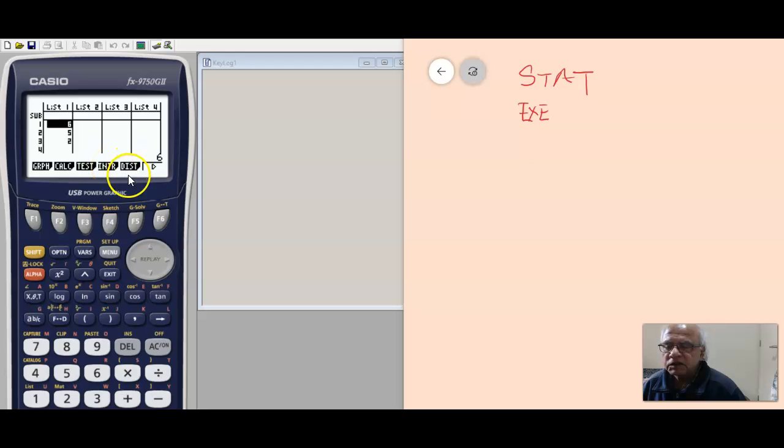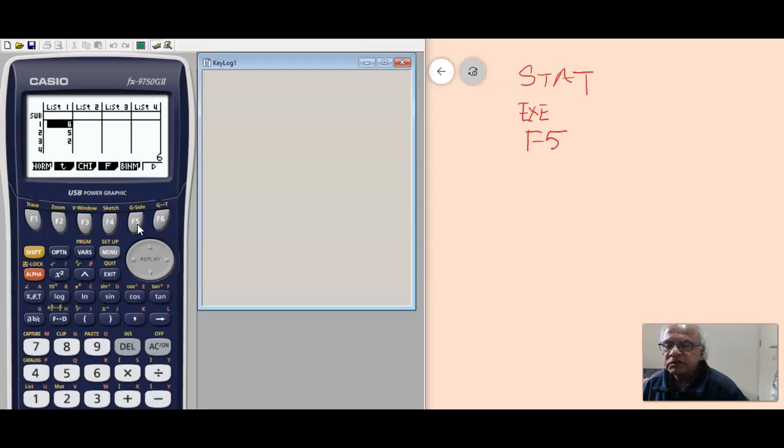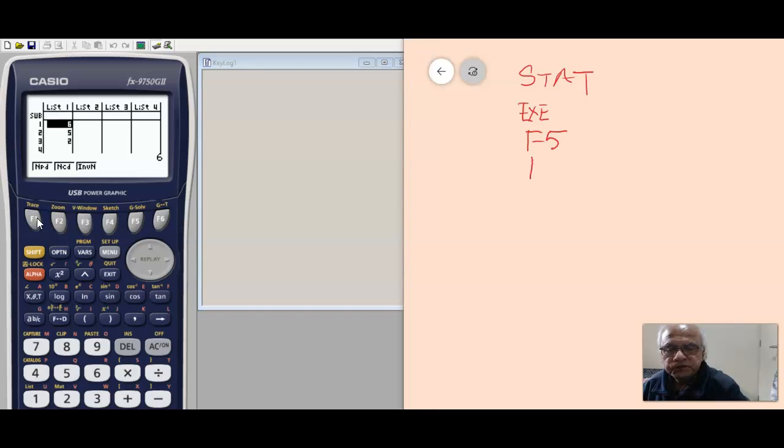Now, if you look at F5, that is the key which will take you to various types of statistical feature, the distributions. And F1 will take you to the normal distribution.